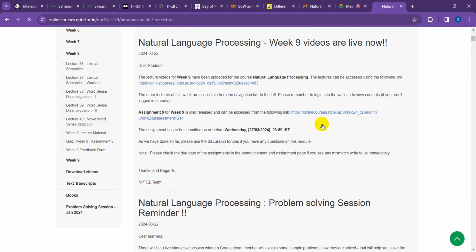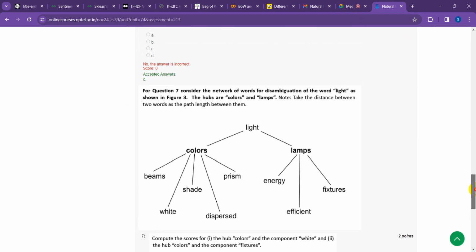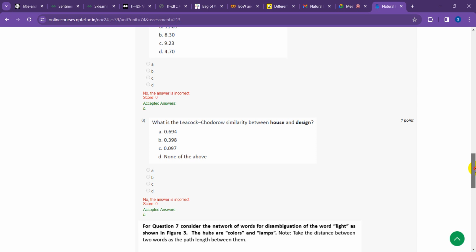Ma'am, Leacock similarity. I think the last, seventh question. Leacock-Chodorow similarity. Okay. Maybe I'll cover this concept on Tuesday.